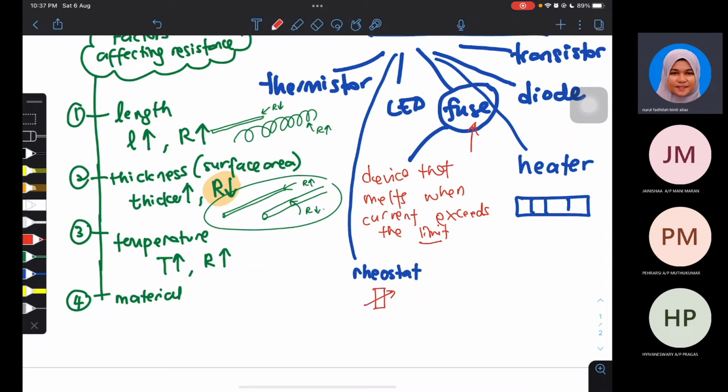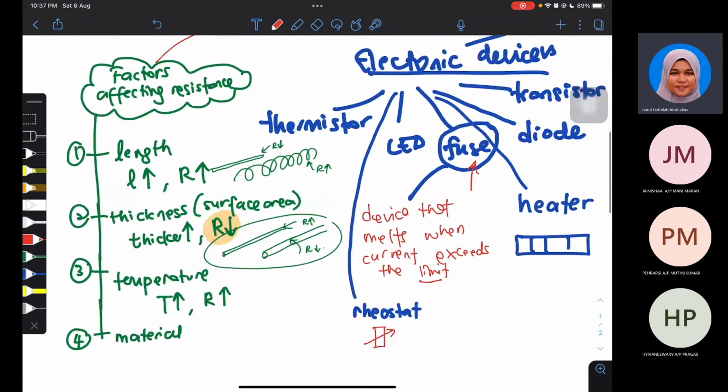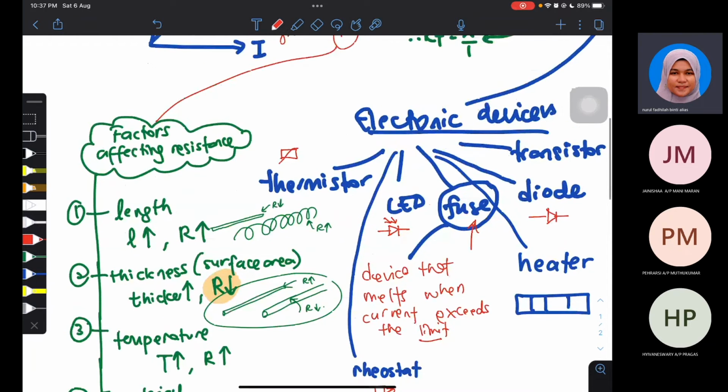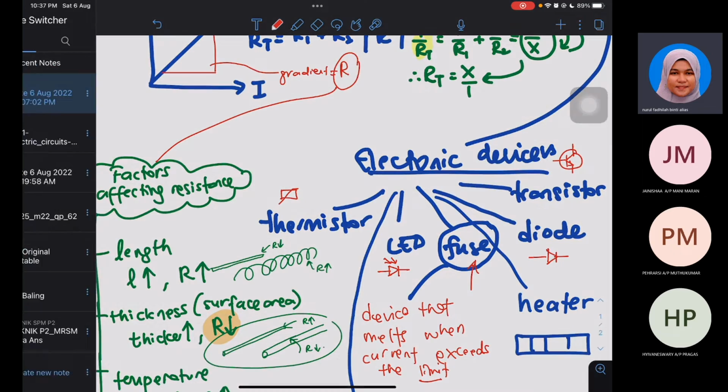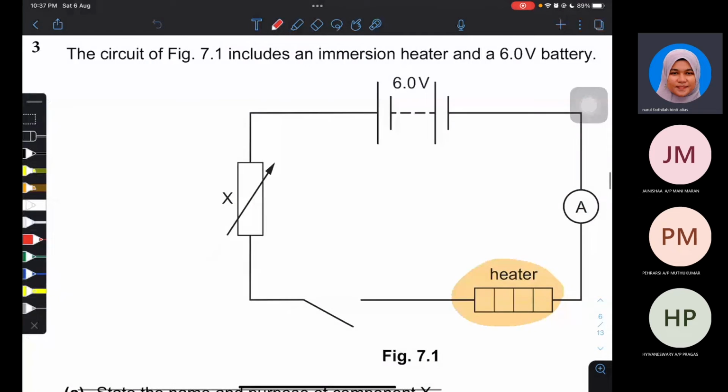So this is the symbol of rheostat. Ni heater, diode like this, and then LED pun macam ni, tapi dia ada simbol lah. And then thermistor, like that. And then transistor. Ni semua you kena tahu how to draw. Okay. Right. Ada lagi tak yang lain? Ada banyak lagi.